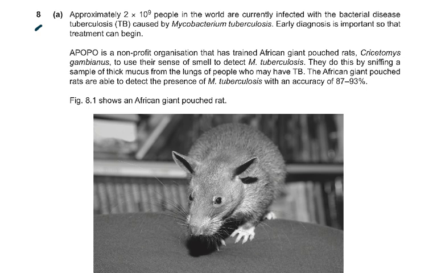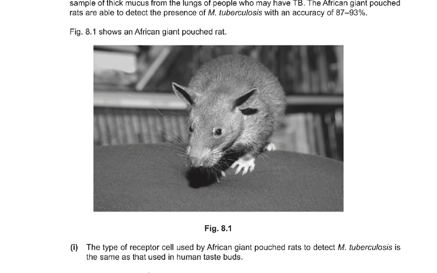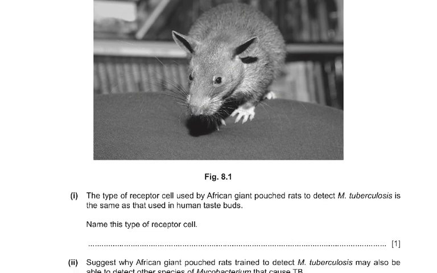They do this by sniffing a sample of thick mucus from the lungs of people who may have TB. The African giant pouched rats are able to detect the presence of Mycobacterium tuberculosis with an accuracy of 87 to 93%. Figure 8.1 shows an African giant pouched rat.